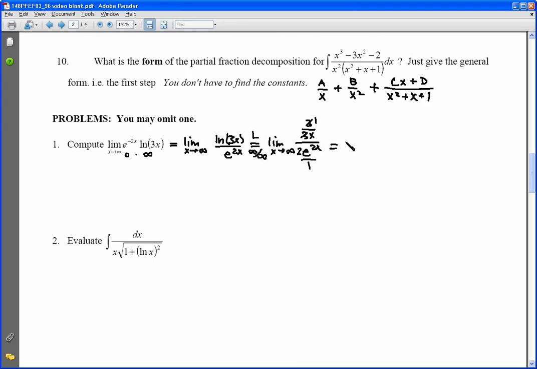So if we invert and multiply, we get limit x goes to infinity. Always simplify before you decide what the form is. We'll have a 1 over x and then times, invert this guy, so it would be 1 over 2e to the 2x.